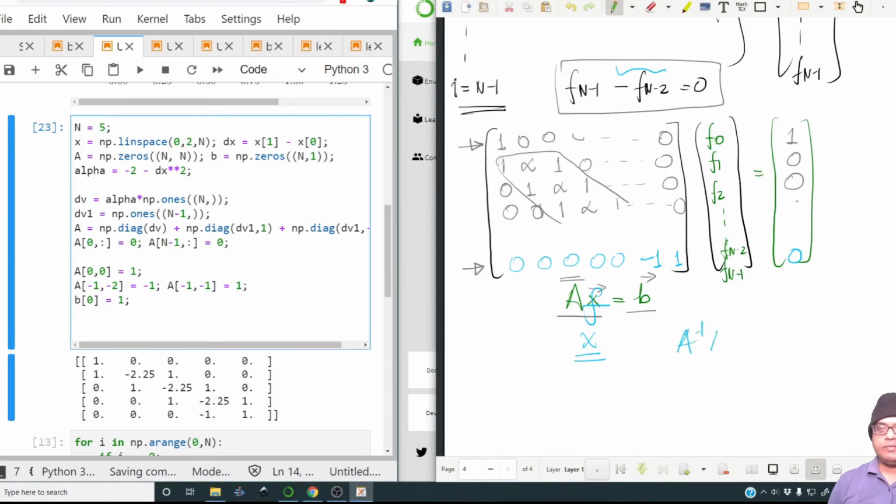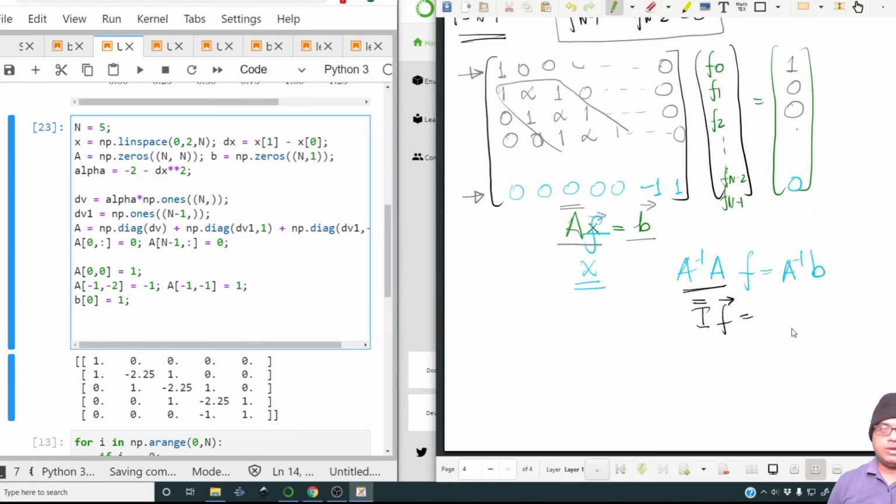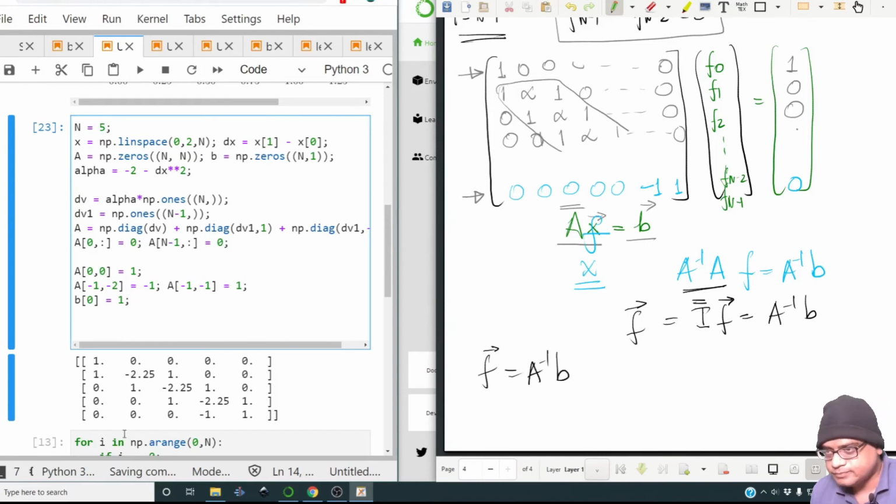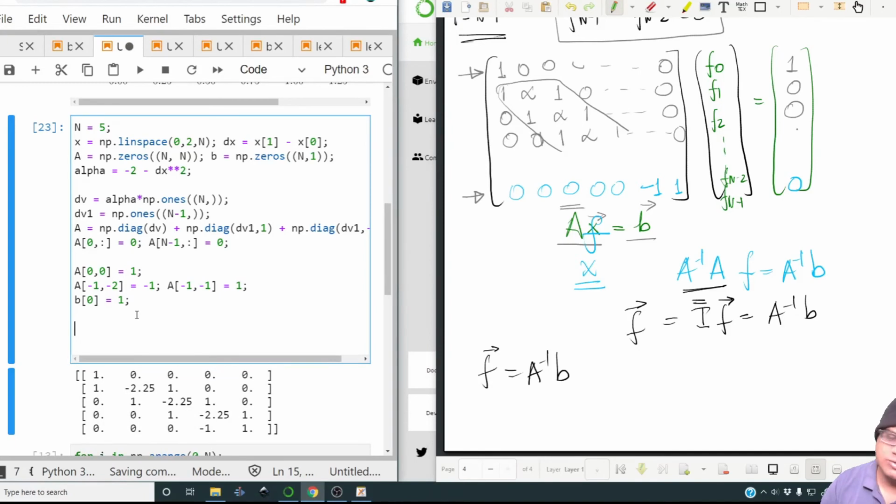So A inverse A times F equals A inverse B, but A inverse A is going to be the identity matrix. So the identity matrix times the vector F is the same as F. So the solution F is going to be A inverse times B. In fact, let us do it. It's not the most efficient way of doing it, no sir, but let's do it regardless.